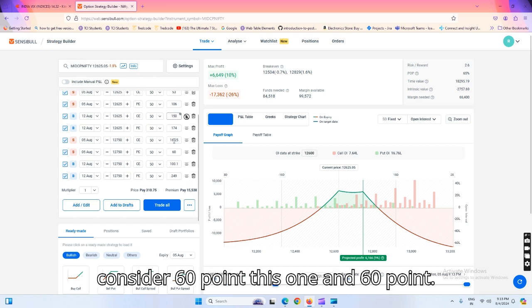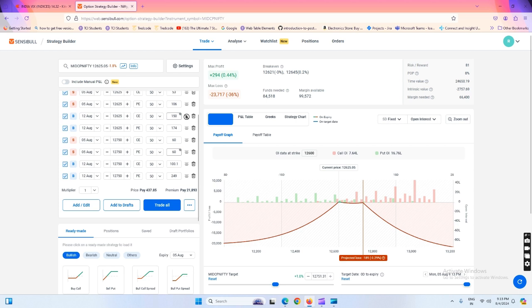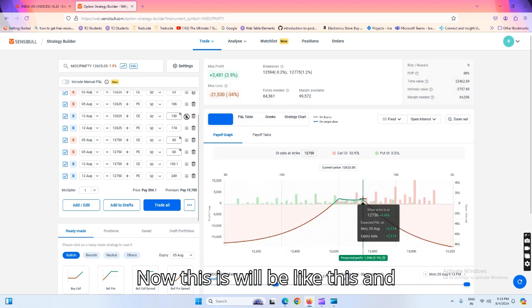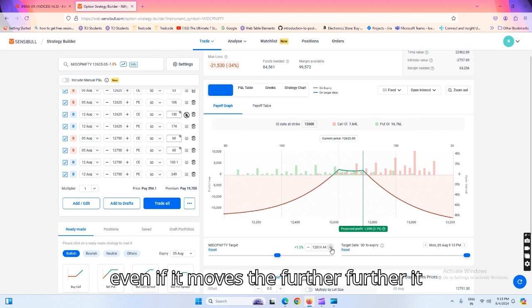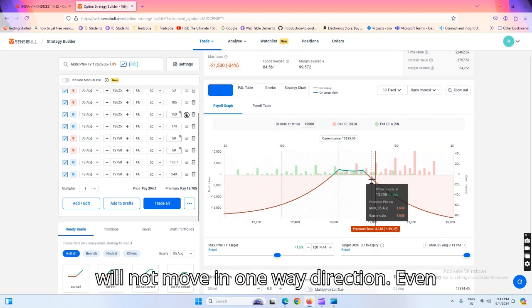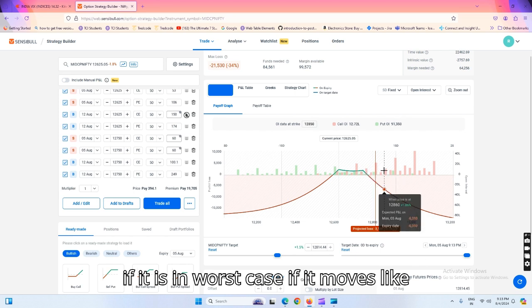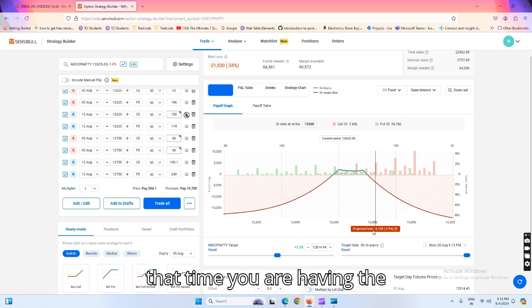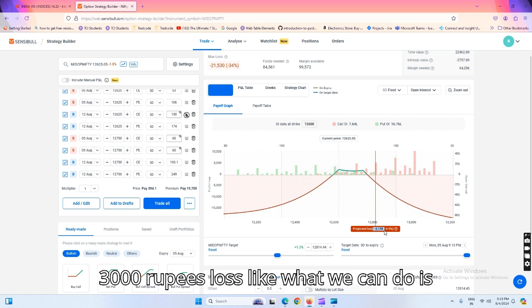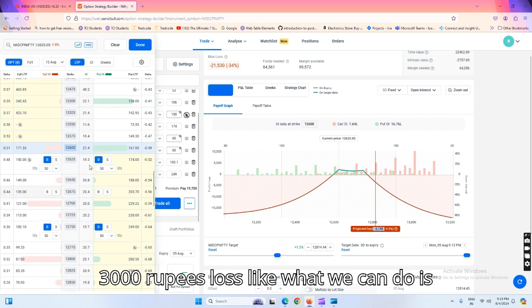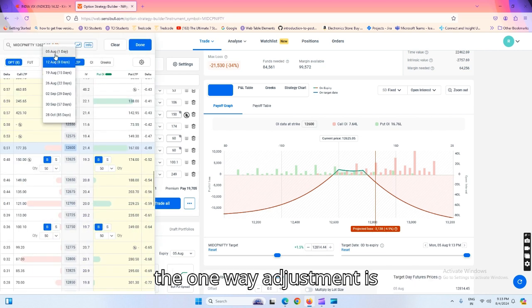Let's consider 60 points on this one, and 60 points. Now it will be like this, and even if it moves further, it will not move in one direction. Even in the worst case, you have a 3000 rupees loss.